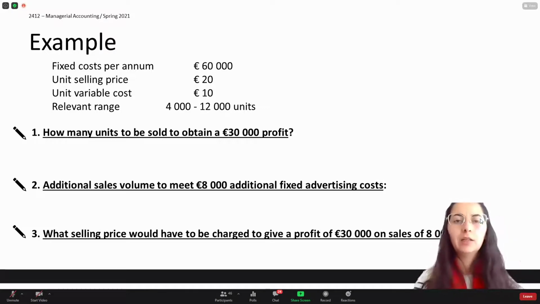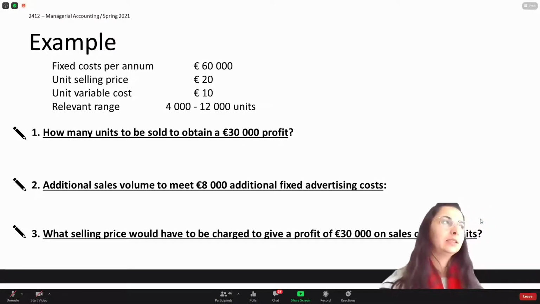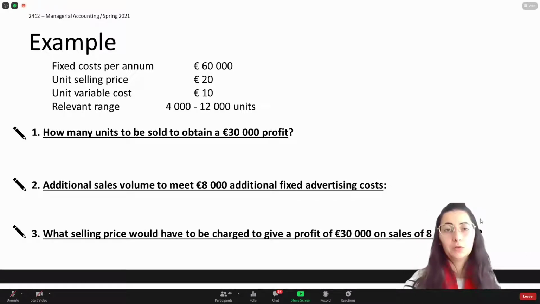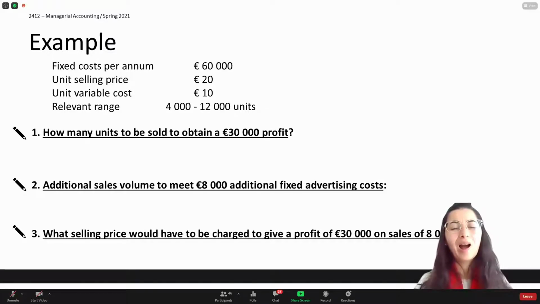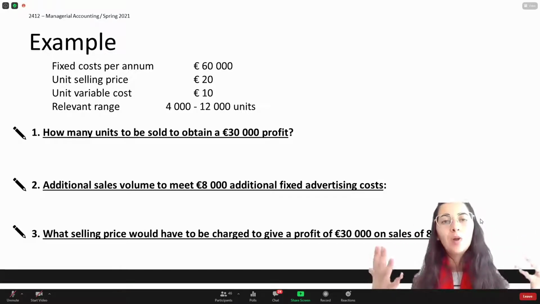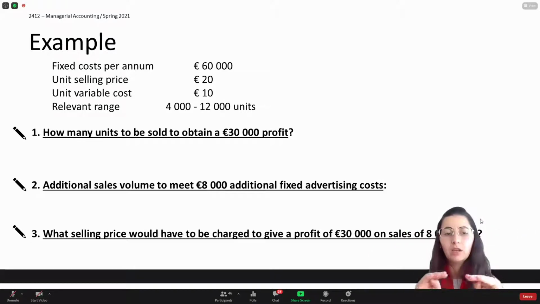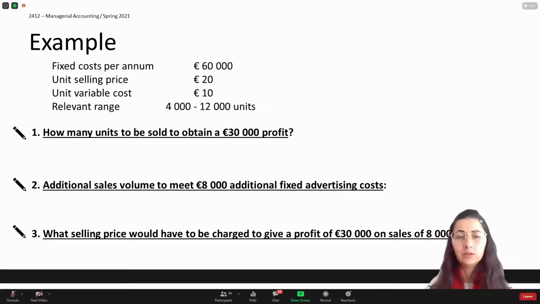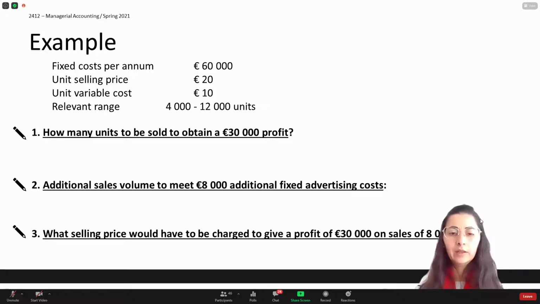The marketing guys had this idea of making this advertising campaign which costs 8,000 euros. So we want to know how many extra units we have to sell just to break even, just to pay off this extra marketing cost. That is the second question we will answer.